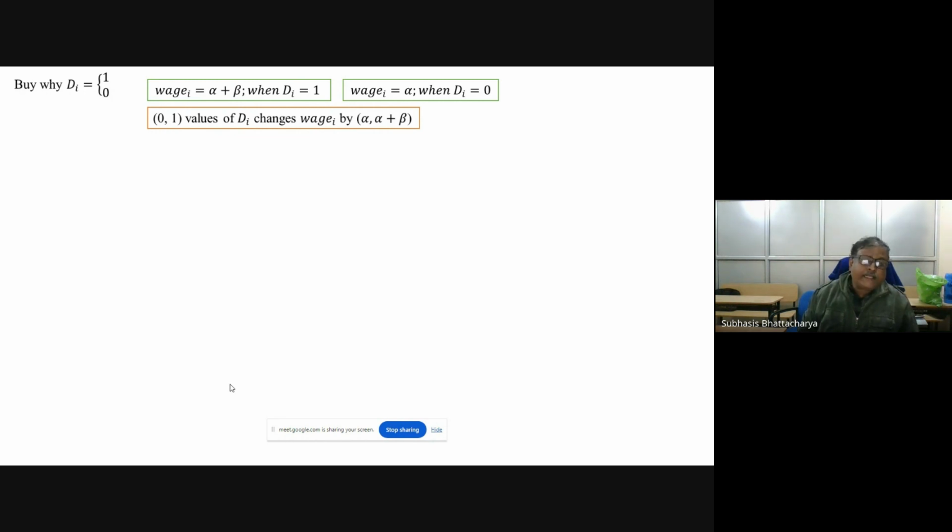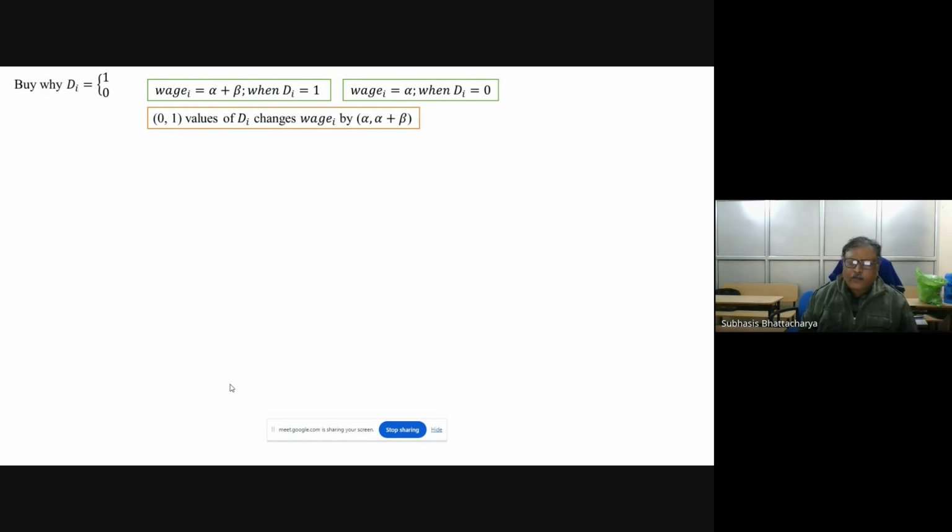As gender is a categorical variable, it takes two values, constructed by us: 0 for the female and 1 for the male. I can transform the wage into two categories, one is alpha, another is alpha plus beta.